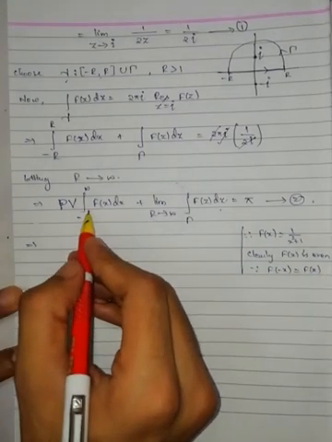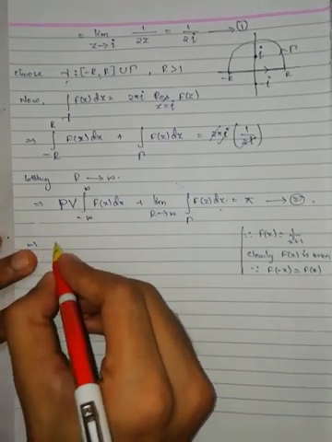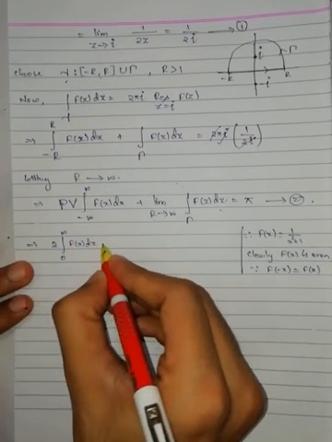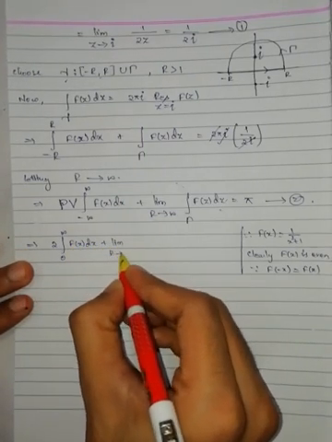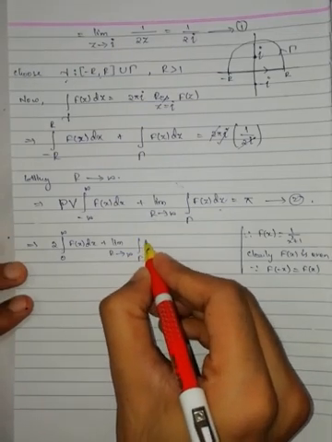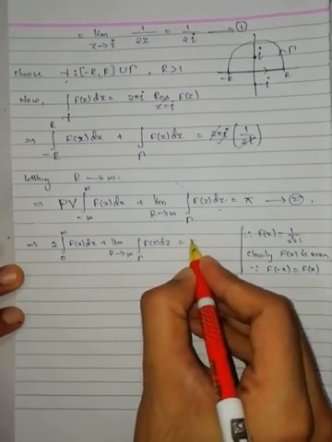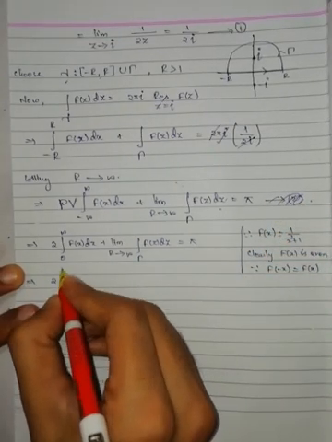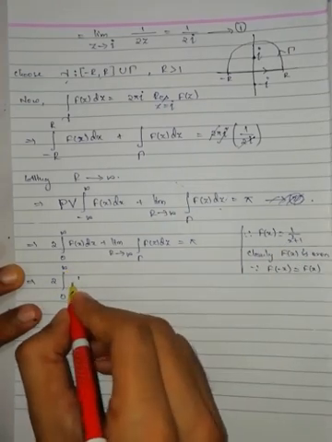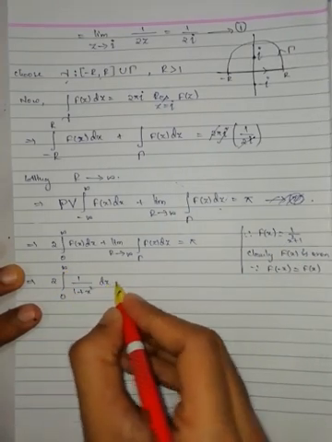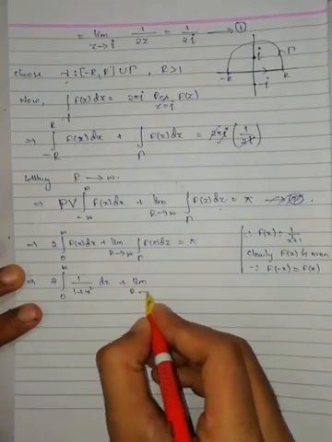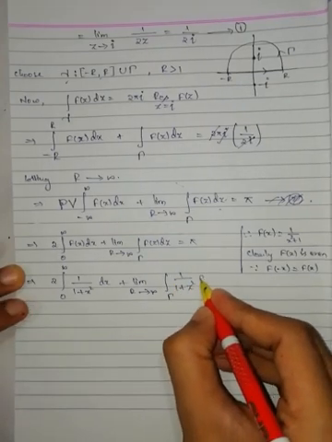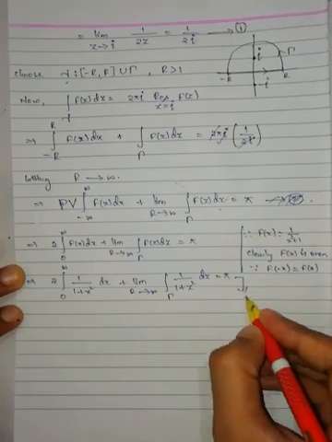Then from the note, I can write 2 into integration 0 to infinity of 1 by 1 plus x squared dx plus limit R tends to infinity of integration over gamma of 1 by 1 plus z square dz is equal to pi. Equation number 2.